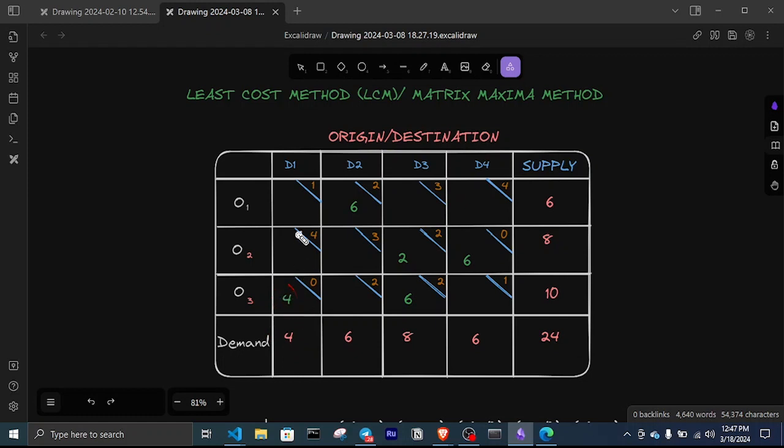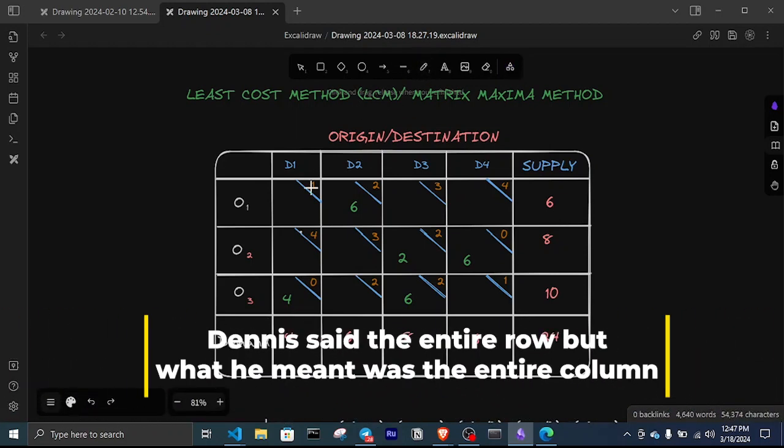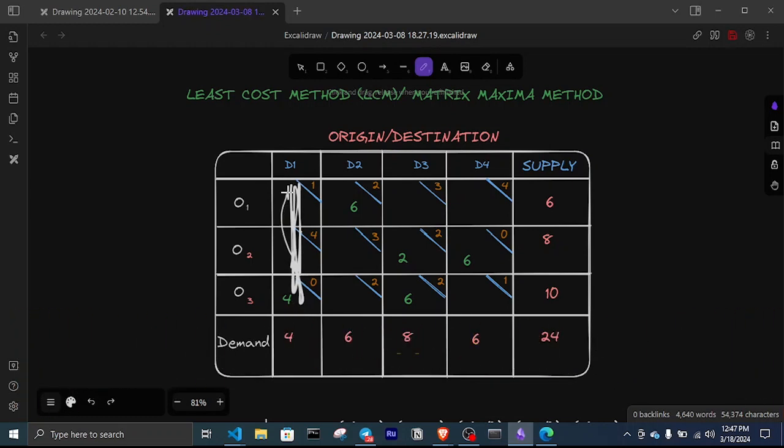In the least cost method, once the values sum to the demand or the supply, you cancel out that entire column. So we are no longer working with it. We are done with that.